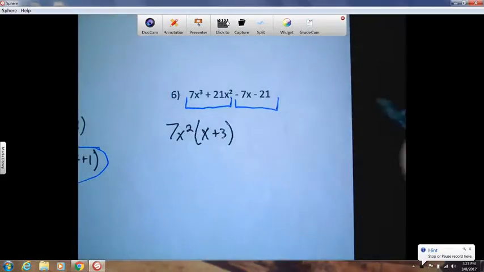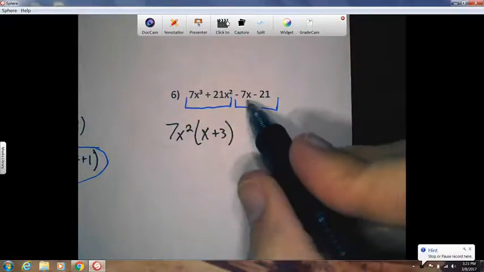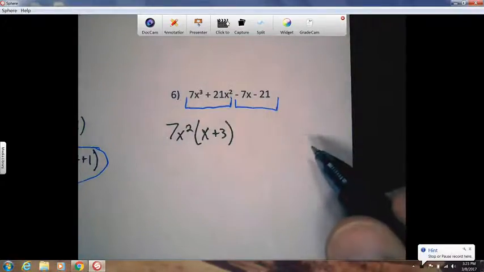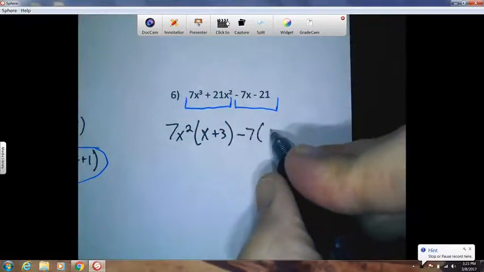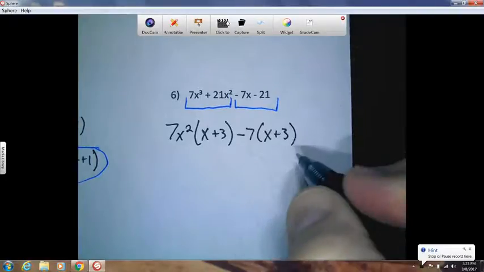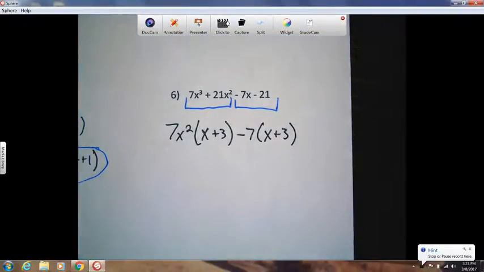Okay, then over here, my greatest common factor is 7. Okay, so I have this. Going to write my answer, x squared minus 7, x plus 3.